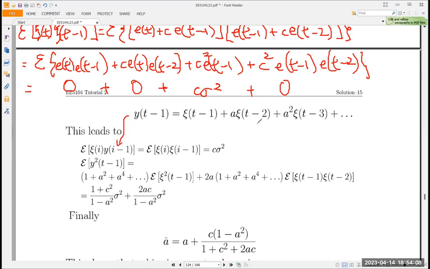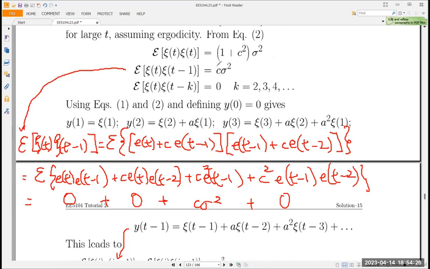You find that the expectation of zeta i times the i minus 2, i minus 3, or t minus 2, t minus 3, it doesn't matter, you will get 0. So you will just get this, and this we previously found the expectation was c sigma squared.